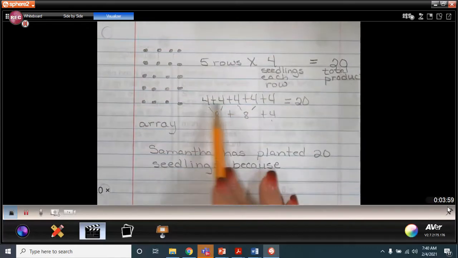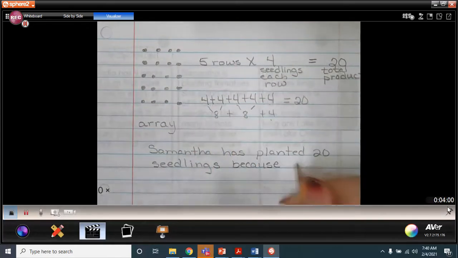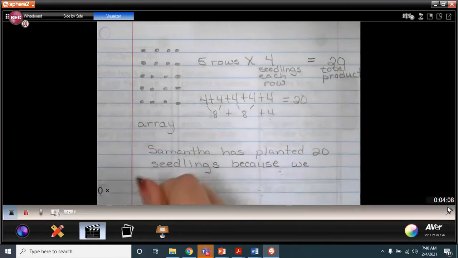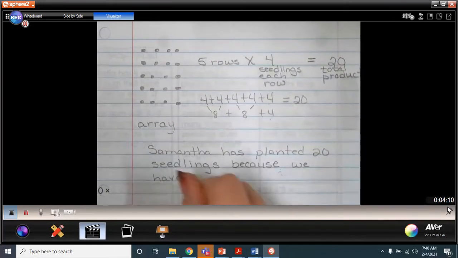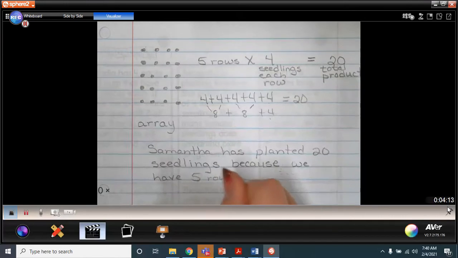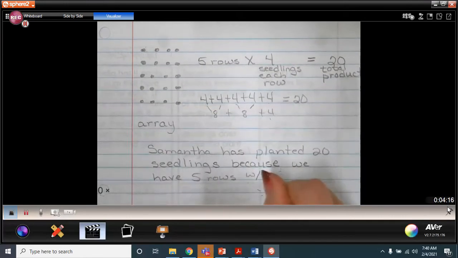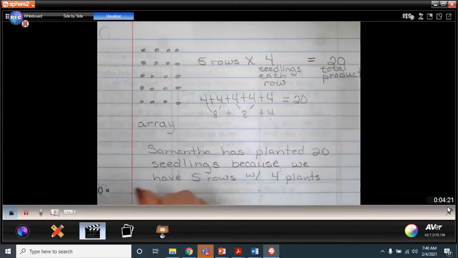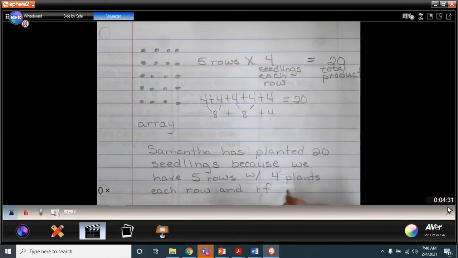We could say that we added 4 plus 4 plus 4 plus 4 plus 4, or let's say we have 5 rows with 4 plants each row. And when you add those all together, and if you multiply, and remember this is multiply.